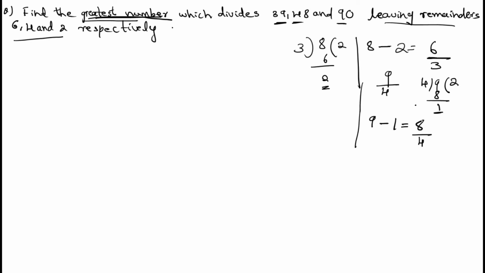That means if any number divides one number and leaves a remainder, then dividend minus remainder, that value is divisible by the given number. Okay, we assume let H be the greatest number.